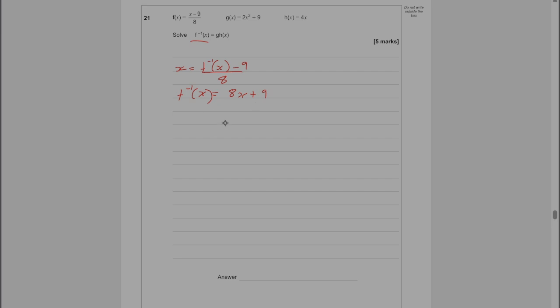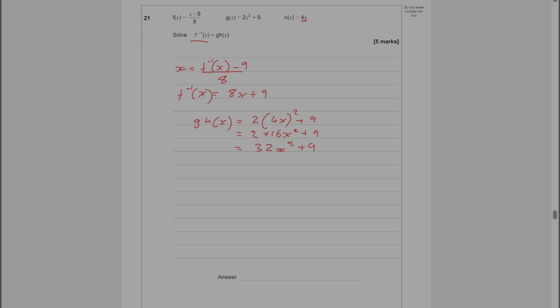Now I'm going to say that g of h of x is going to be equal to, so I'm going to put this value into here, so 2 lots of 4x squared plus 9, so that's going to be equal to 2 lots of 16x squared plus 9, which would give me 32x squared plus 9.